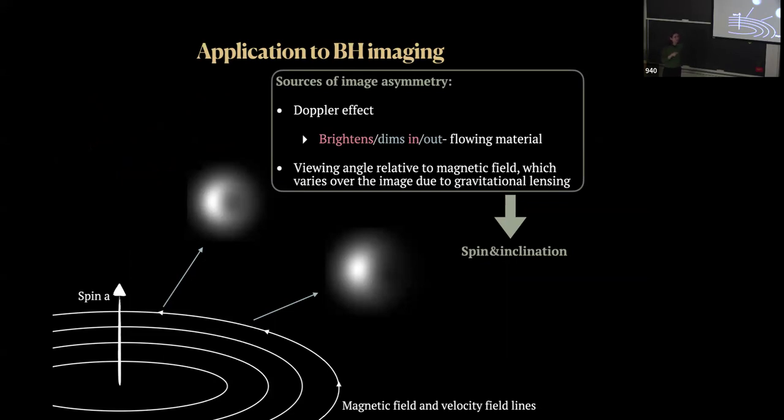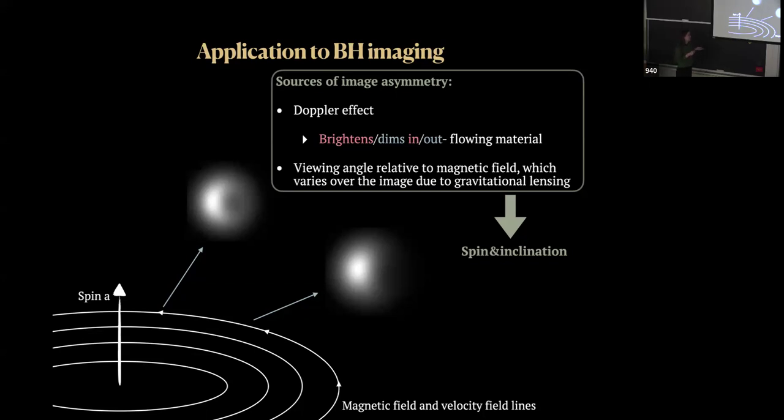So it's natural to wonder how it changes emission from the disk, so HT images. And here, as we talk actually about the spin of the black hole, right? We have the spin axis, we have the magnetic fields in the disk like that, and the velocity field lines also like that. The disk is rotating.